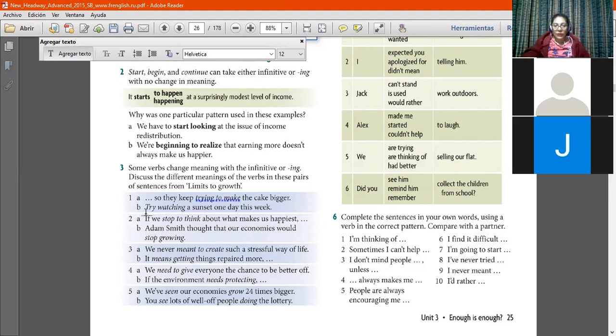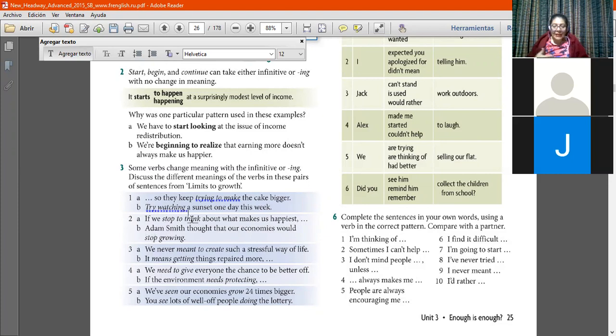Then we have the next one, try watching. Okay, try watching, a verb and the ing, a sunset one day this week. Now, this isn't difficult to do.